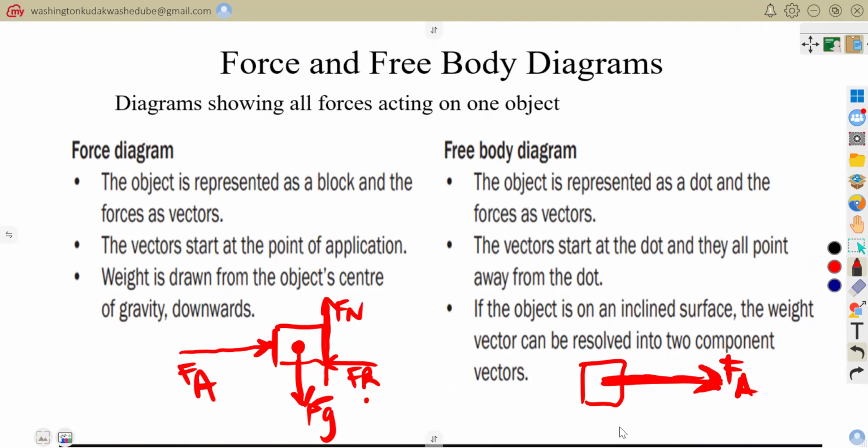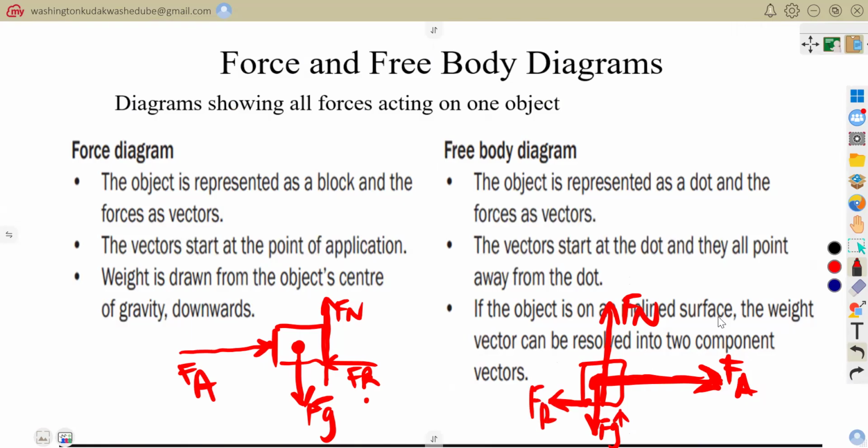My normal force is applied from downwards going upwards through the center, so I would have my normal force like that. I would have my gravitational force coming from the center going downwards. And then I would have my frictional force being applied there.